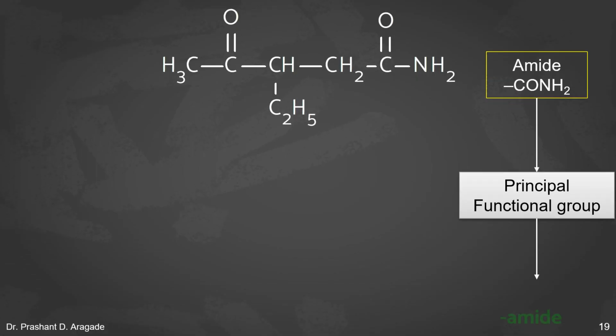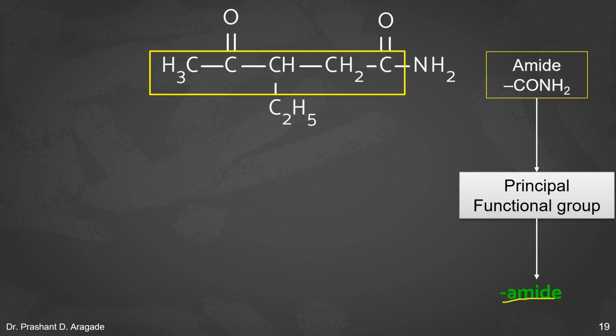So now you have to add amide as a suffix because amide is the principal functional group for this example. Now select the longest continuous carbon chain, number from the amide functional group, and as it contains 5 carbon atoms, the name is pent.